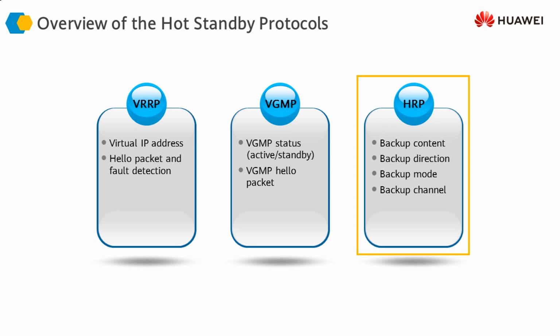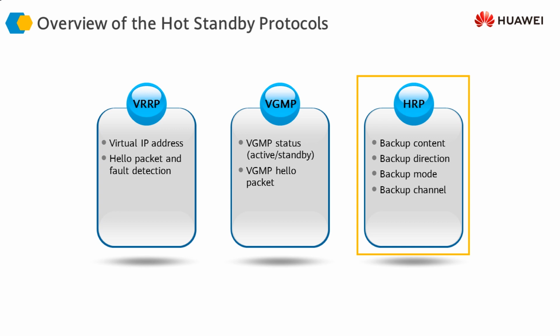The HRP or Huawei Redundancy Protocol is the protocol which runs between Huawei firewalls in order to make sure that the status information of different sessions established through the firewall, and the configuration information between the two firewalls, remains consistent.